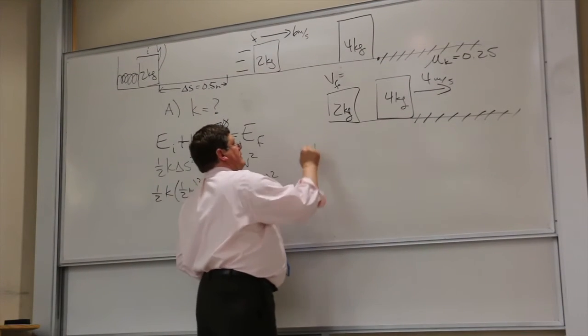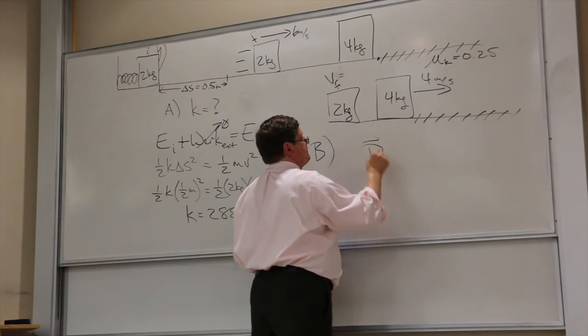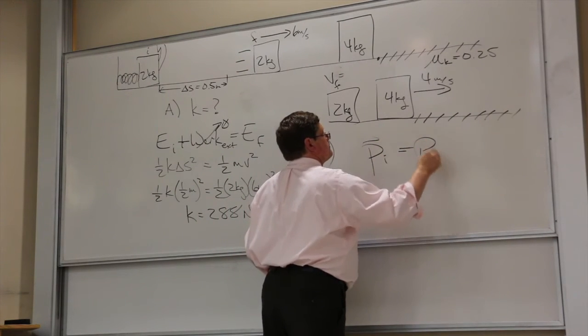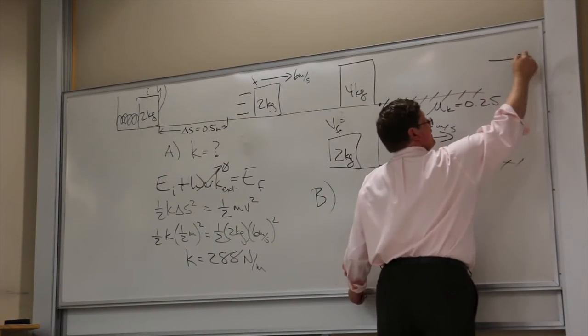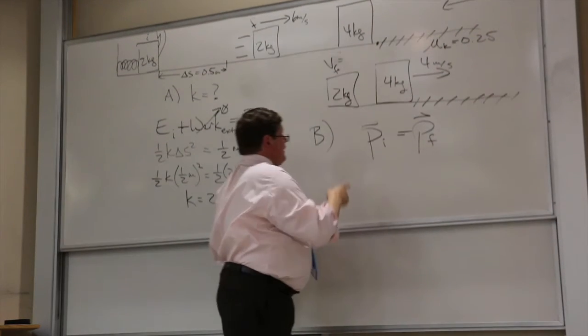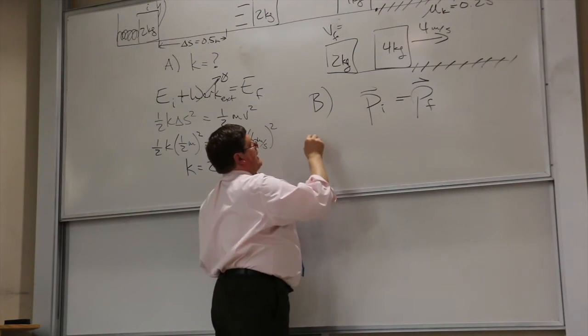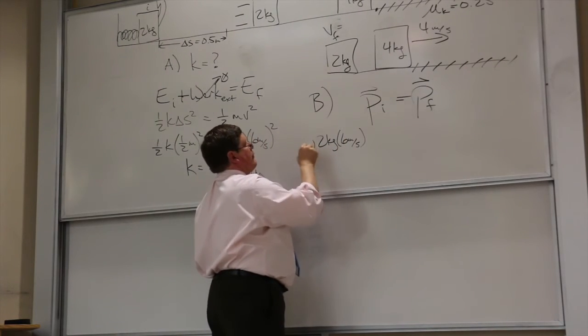Now, that's a collision, so I use momentum. And it's a vector, so I need a coordinate system. So before the collision, I had 2 kilograms moving 6 meters per second to the right.